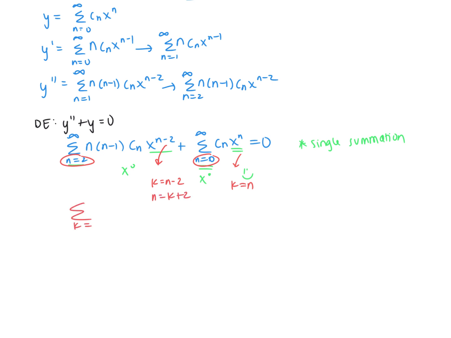So I'm going to start from k equals, if I substitute 2 in for n, my k will start from 0. And this n is the same as k plus 2. And then I have k plus 2 times k plus 1, C of k plus 2, x to the k. That second summation stays the same, except I'm going to use k instead of n.